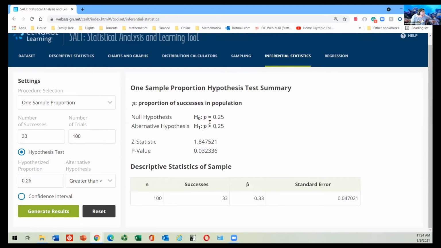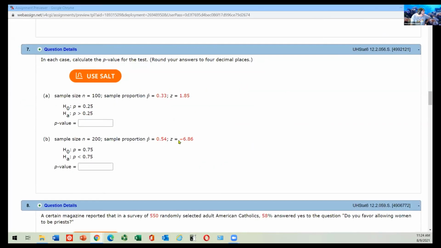There's my null, there's my alternate, there's that Z score that I don't care about. And here is my p-value, 0.03 and some stuff. Are we good? Right, move this guy out the way.